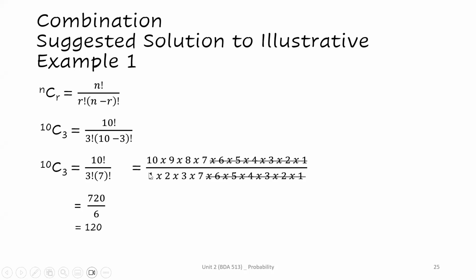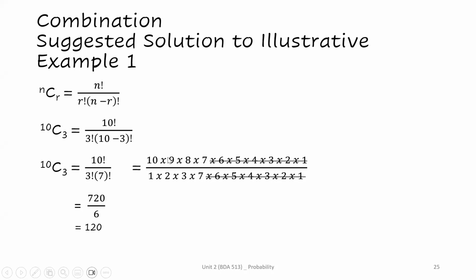If you write this out, the top one is 10 times 9 times 8, up to 1. And the 3 factorial is 3 times 2 times 1, or 1, 2, 3, which is the same thing. The 7 factorial also goes from 7 to 1. So if you look at this, the 7 to 1 in the numerator can be cancelled by the 7 to 1 in the denominator.